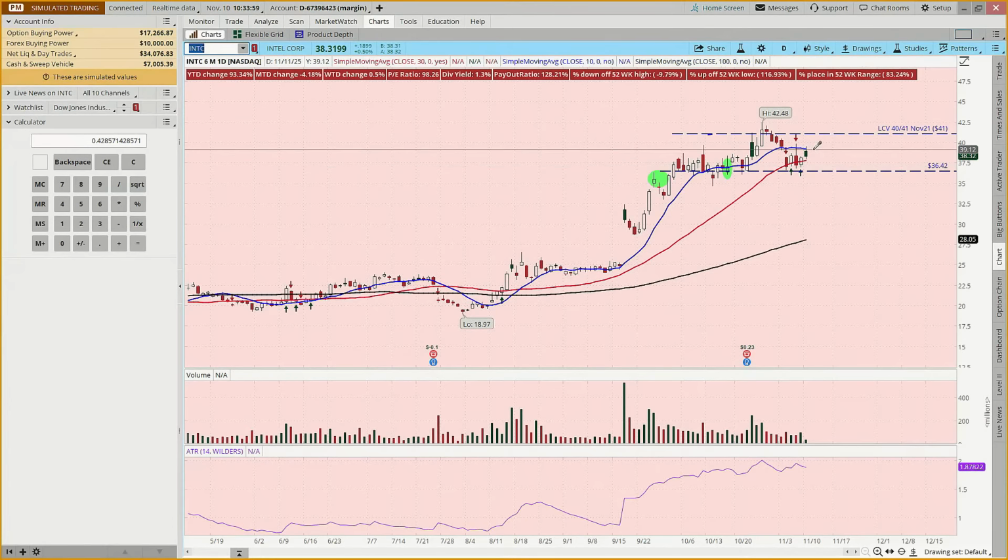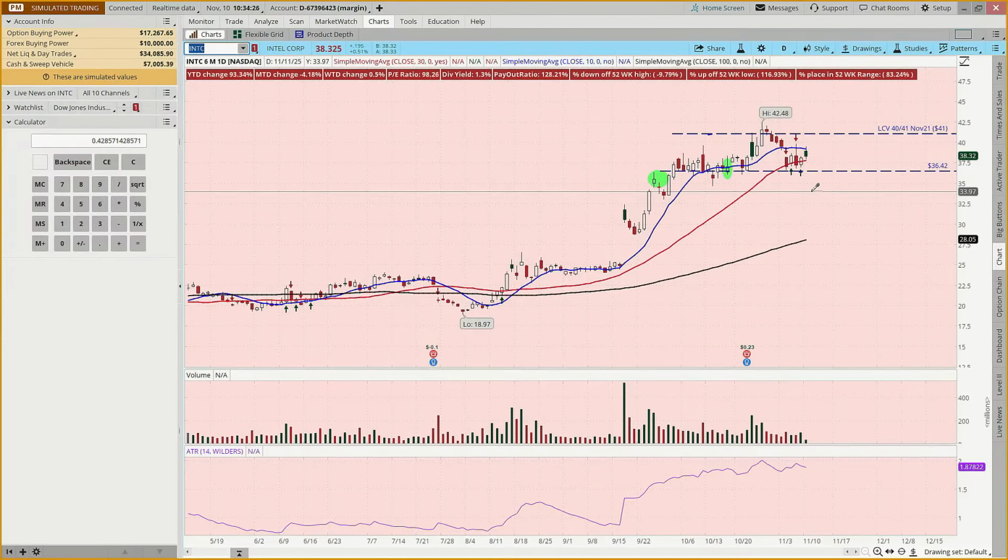We want it to be back above here in the next 2 weeks. It's bouncing off the support level. And like many stocks in the market, it's up, and this dark green means it's still above Friday's close. So I'm not quite sure why it's showing a negative. We had time decay over the weekend, I guess. But we'll look at this one again on Friday. Okay, so there's INTC because you asked me to review that.